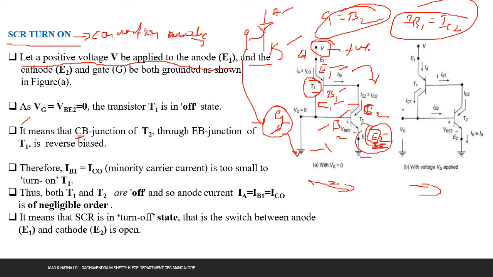So the emitter 1 and base junction of transistor T1 is reverse biased.